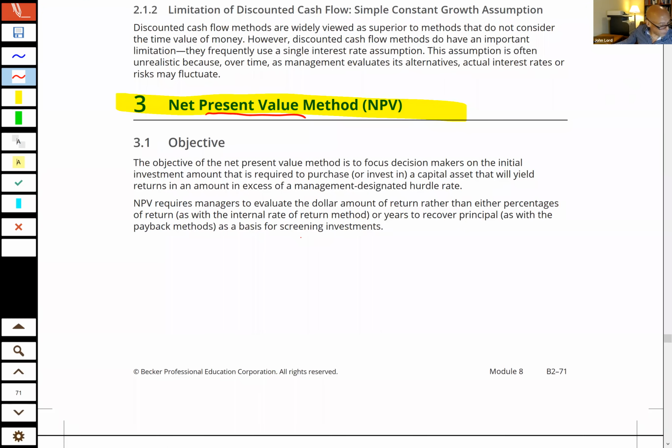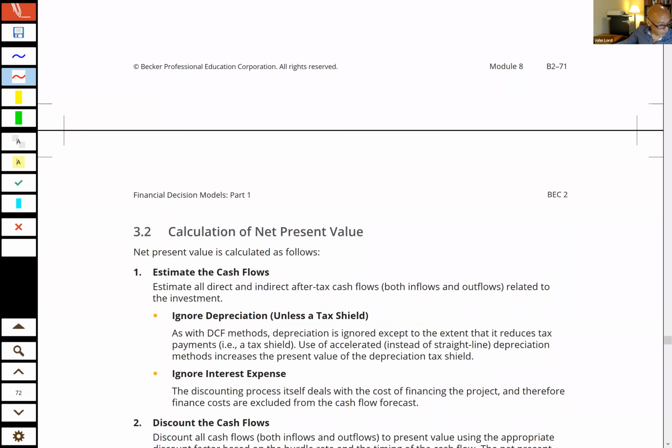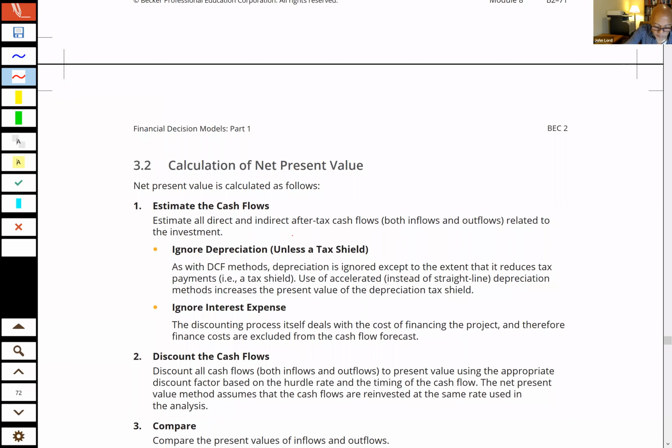Okay, so you come over and you start to take a look, and basically when we calculate the cash flows, we will ignore depreciation unless there is a tax shield associated with that, and there probably will be. Okay, so again, if they're giving you a problem, I'll just give you an example to make that a little clearer. Let's say they tell you that $30,000 is going to be the net income of the project.